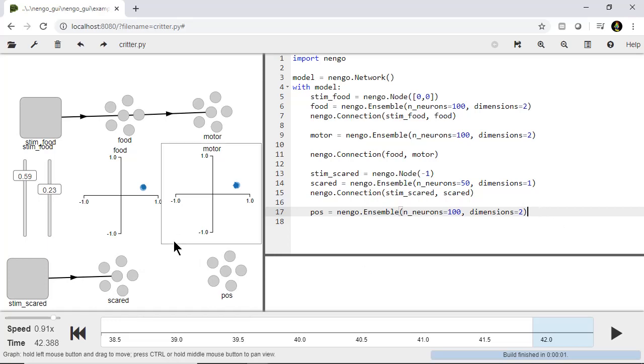Well, really what I want this position to do is, if my motor is 0, then position should stay the same. If I'm moving in one direction or the other, then position should update in those directions. That should start sounding somewhat familiar to people. That is exactly an integrator, right?